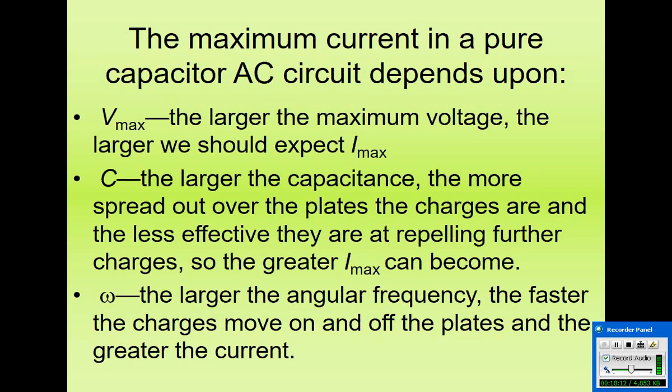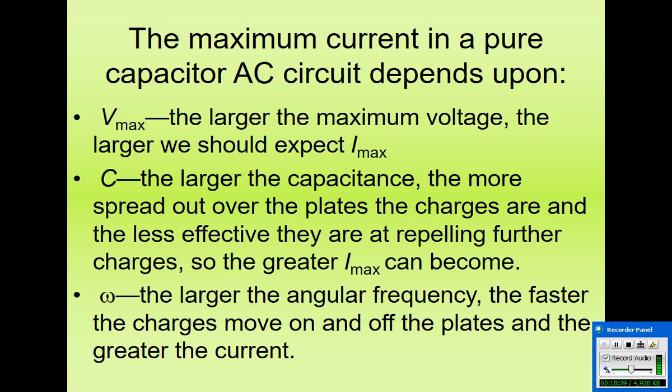What that means is that as charges are dumped onto the plate, they are dispersed over a larger area rather than being concentrated into a small area. So the more they are dispersed over the larger area, the less their ability to slow down additional incoming current. So the larger the capacitance, the greater the maximum current can be.